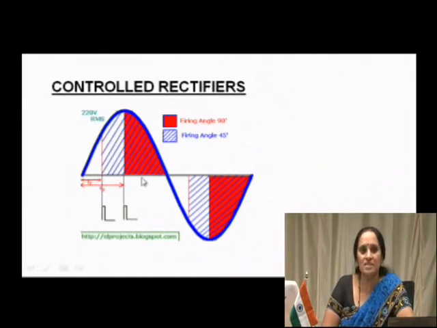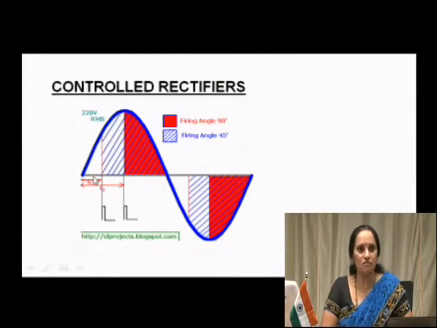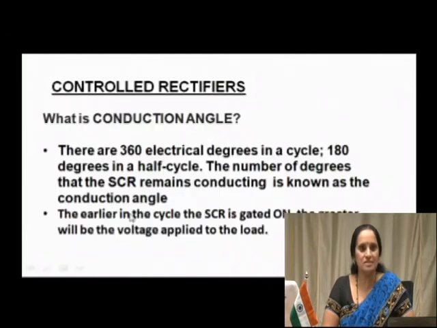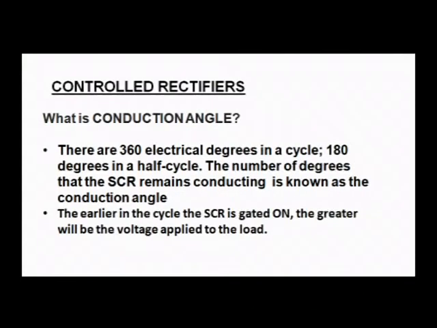All these can be designed very easily by giving the gate pulses at that particular moment of time in the AC input. So that is firing angle, shown with respect to gate pulses applied at different instants of time. In the next slide we will come to know what is conduction angle.